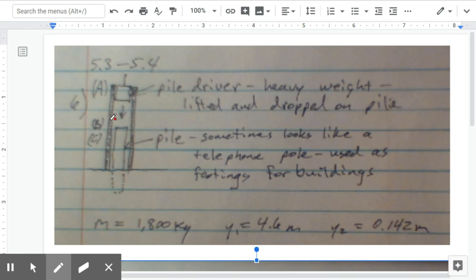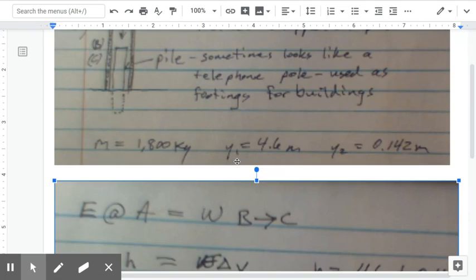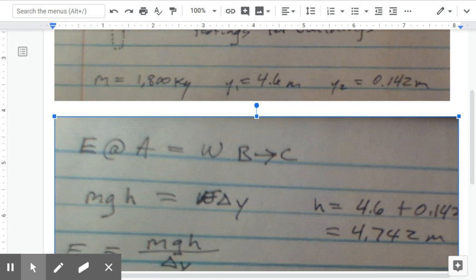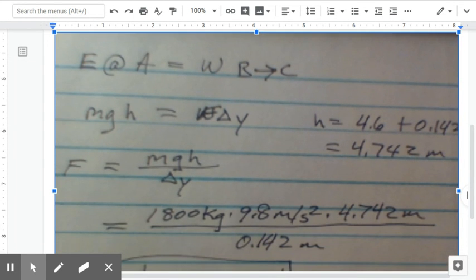So rather than introducing the kinetic energy at point B and adding another layer of problems to solve, I'm going to say that the potential energy we start with is equal to the work that we have. That's what I've written right here.